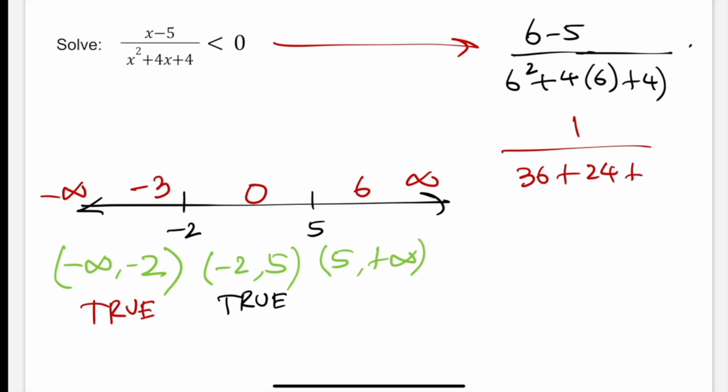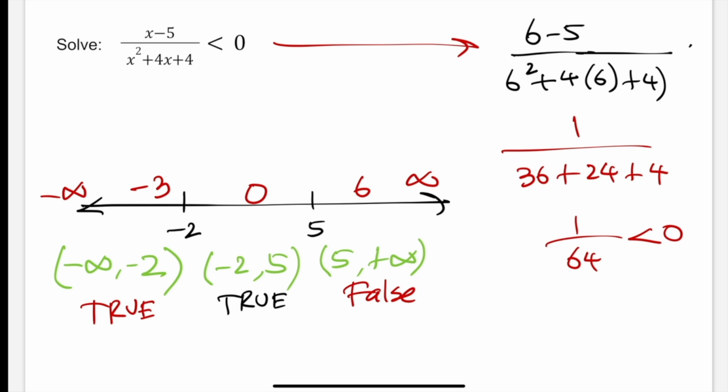And plus 4, right? So there's going to be 1 over some positive number, which is going to be 64, I think. Is that less than 0? No. This is a positive number. A positive number is not less than 0, so this is false. So my last one is false.